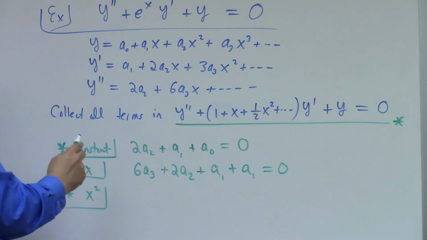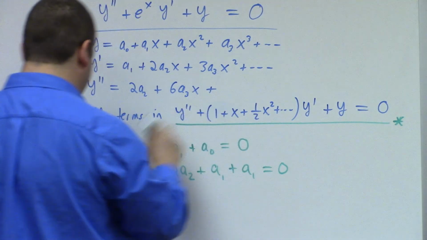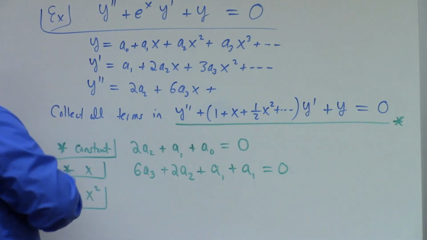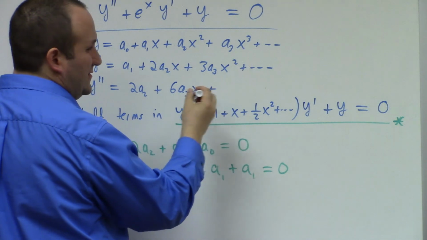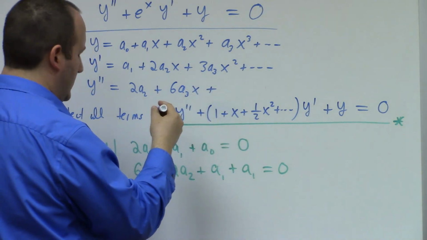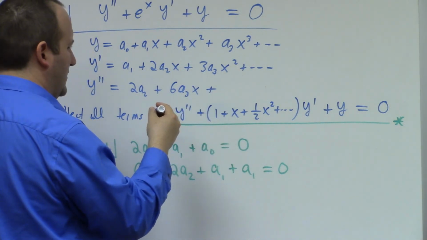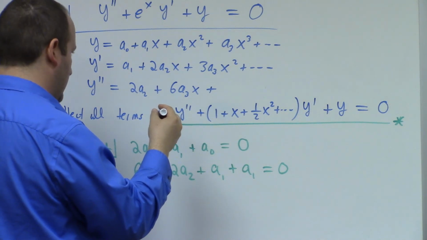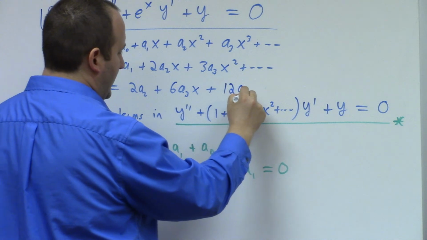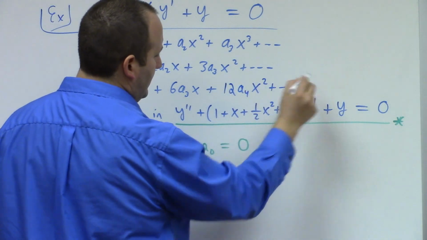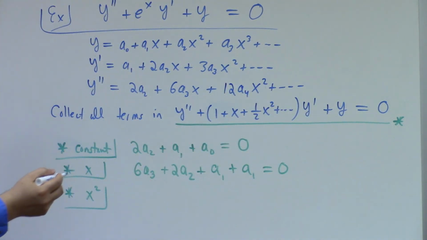Well, oh man. So it begins. What's the next thing? This is 3 times 2. The next one is, oh man, 12, right? 12a4x squared. Is that right? I think that's right.